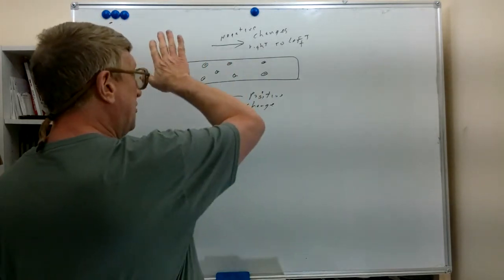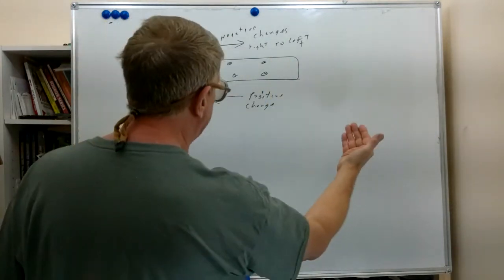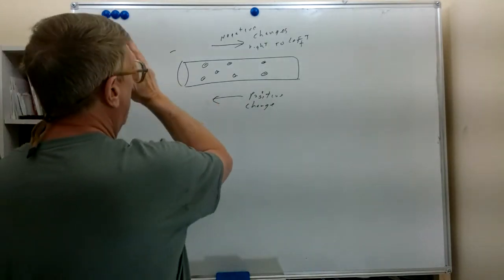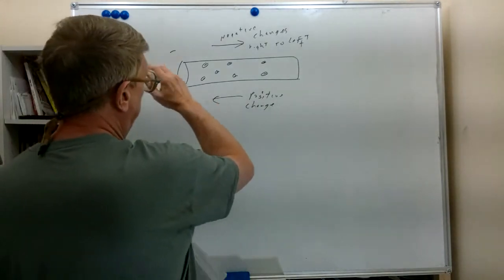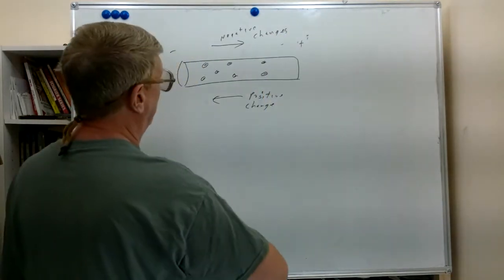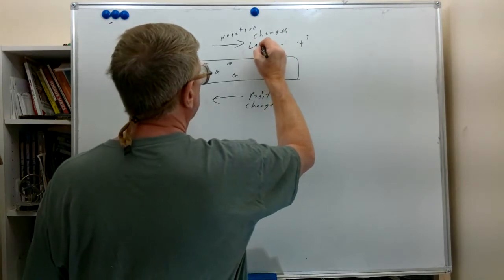But the rate of flow of negative charge will be equal to the rate of flow of positive charge. Let's see, we've got our negative charge in this case flowing from left to right.